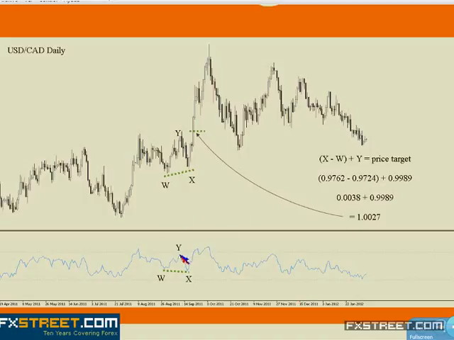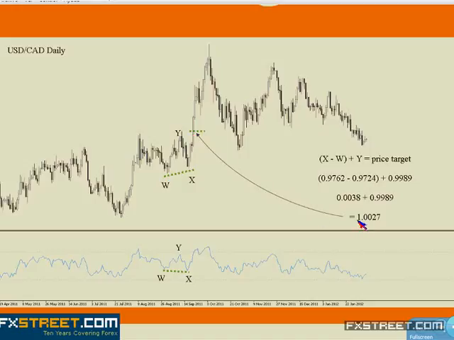So we take the peak here, corresponding to the epsilon in the oscillator, and we look to what closing price corresponds to that peak. In that case, it's not the absolute high on the setup, but the candle before. Okay, and to make the price projection, we just subtract the close price level at X from W, and we calculate that difference, which in that case here is quite small, and we add it to the closing price at the indicator peak.